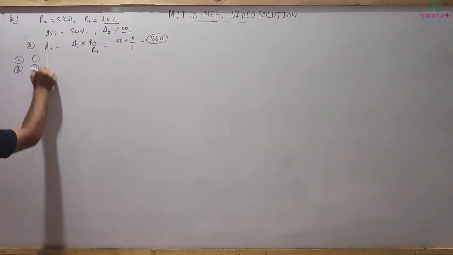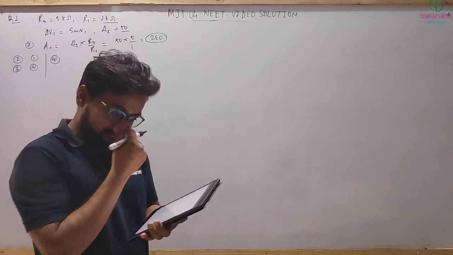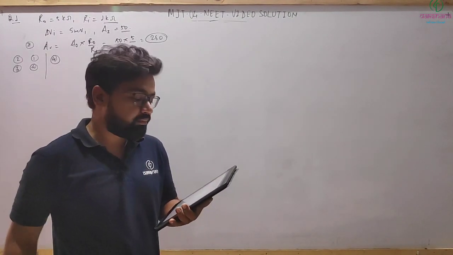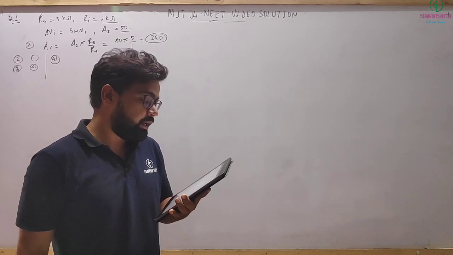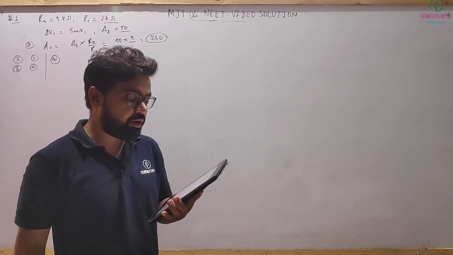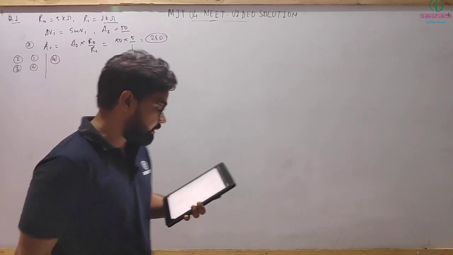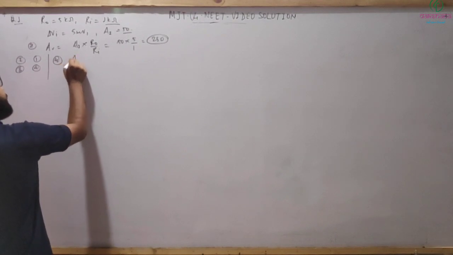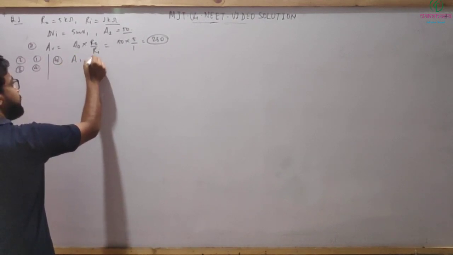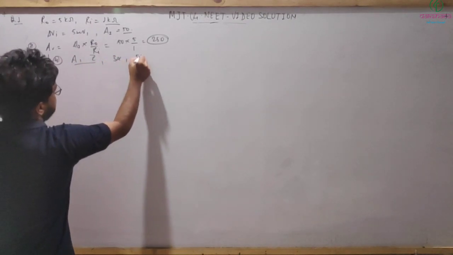Question number 4. So here a radioactive nucleus X, mass number A and atomic number Z, emits 3 alpha particles and 5 beta particles. The ratio of number of neutrons to that of protons in the product nucleus will be. So initially the mass number and atomic number are A and Z, with 3 alpha and 5 beta.